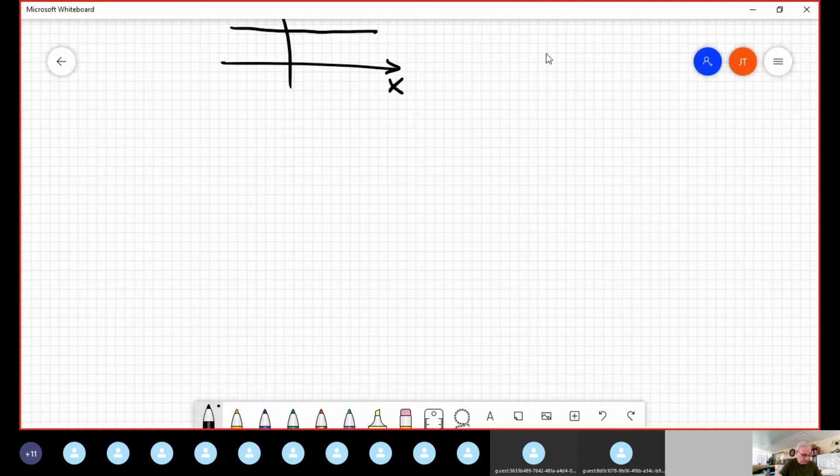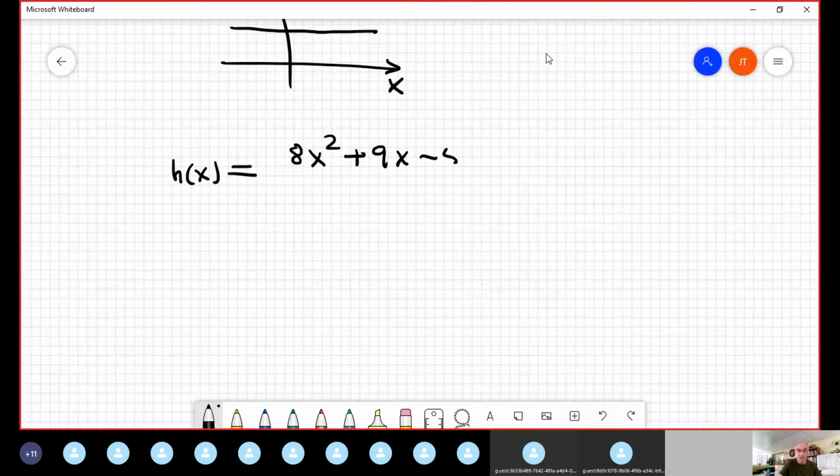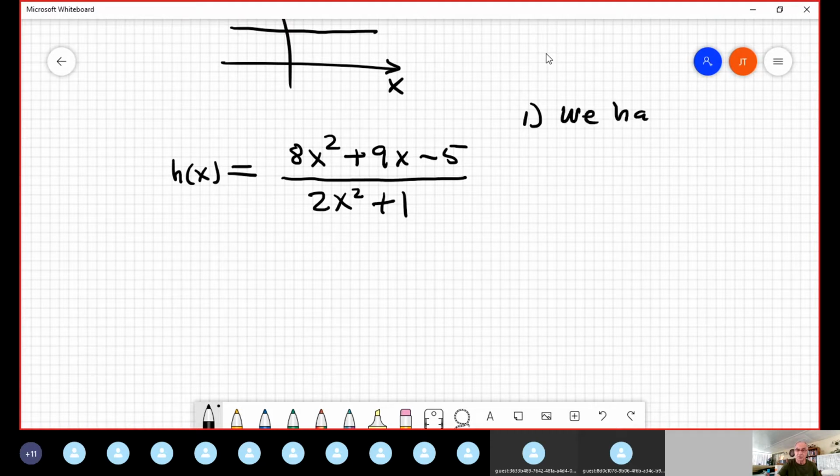Suppose the function h of x is equal to 8x squared plus 9x minus 5 in the top, divided by 2x squared plus 1. Again, the two important questions. Question number one, do we have a horizontal asymptote or not? Second, where?